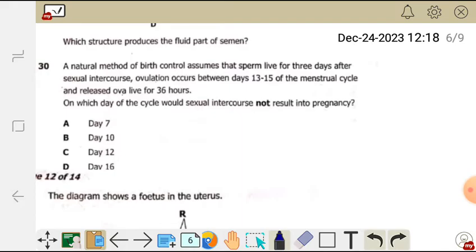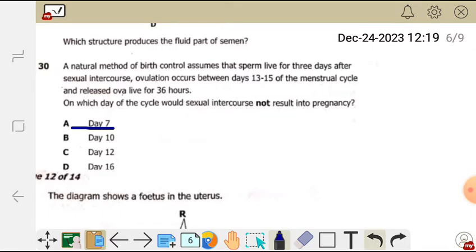So let's see. They are saying A, day 7, B, day 10, C, day 12, D, day 16. So the day which won't result in pregnancy is day 7. Why? Because if sexual intercourse is done on day 7, then that sperm will only live for 3 days.